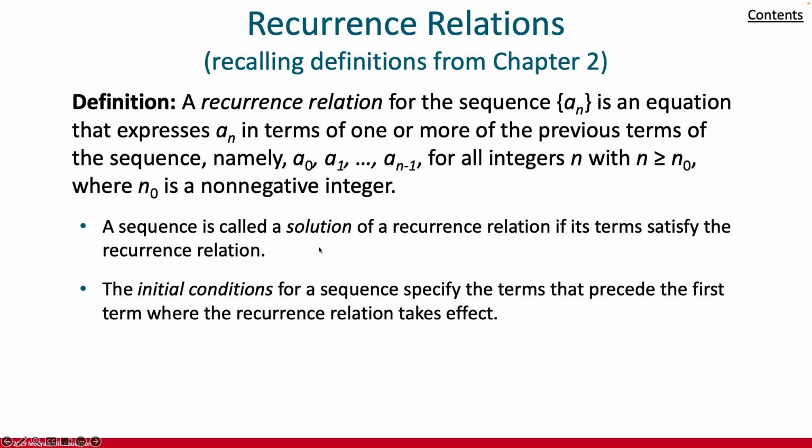A sequence is called a solution of a recurrence relation if the terms satisfy the recurrence relation. The initial conditions for a sequence specify the terms that precede the first term where the recurrence relation takes effect.